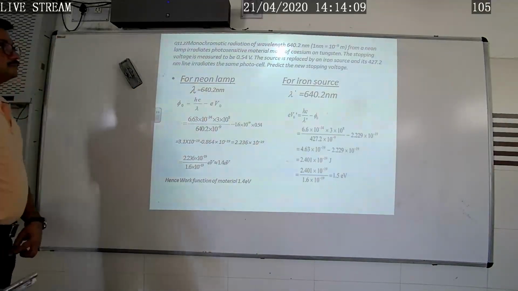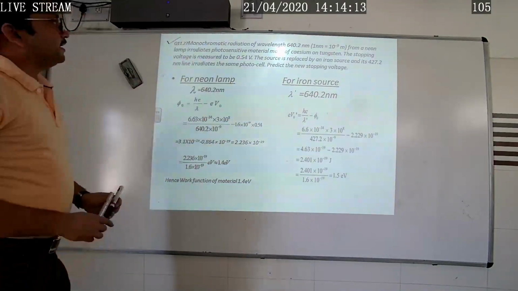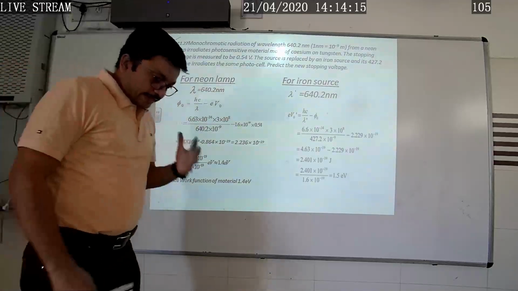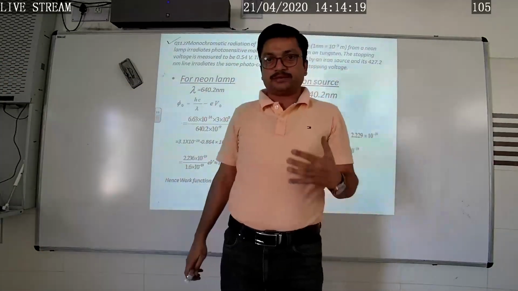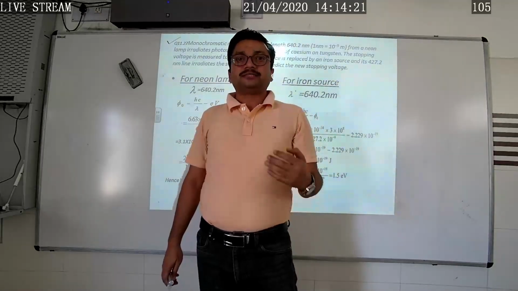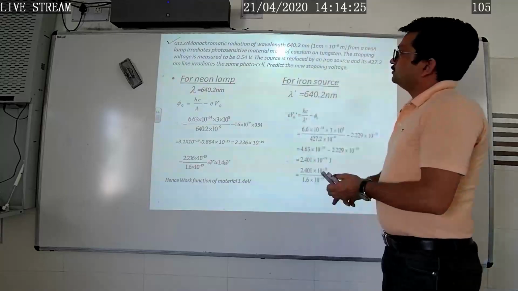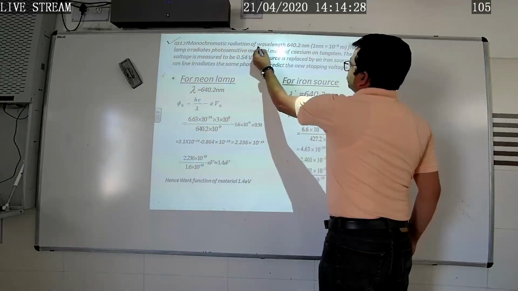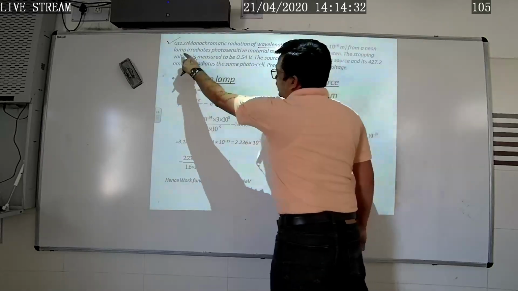Question number 27. We have been given monochromatic radiation. Monochromatic radiation means the radiation has only a single wavelength. The wavelength given to us is 640 nanometer, from the neon lamp.